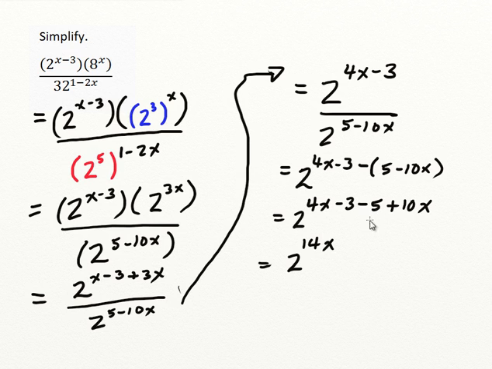Negative 3, subtract another 5, is minus 8. So there we go. There is the simplification of that initial expression. And the catch in this one, or the little trick we had to use, we had to make sure that we realized that the bases were not identical, and that in order to apply the exponent laws, we had to make sure that the bases all matched first.